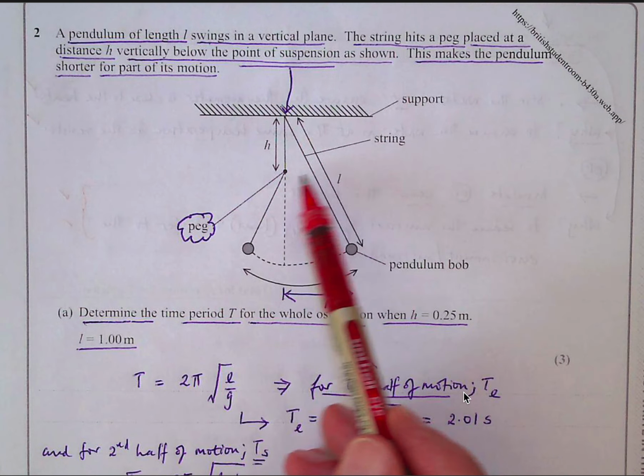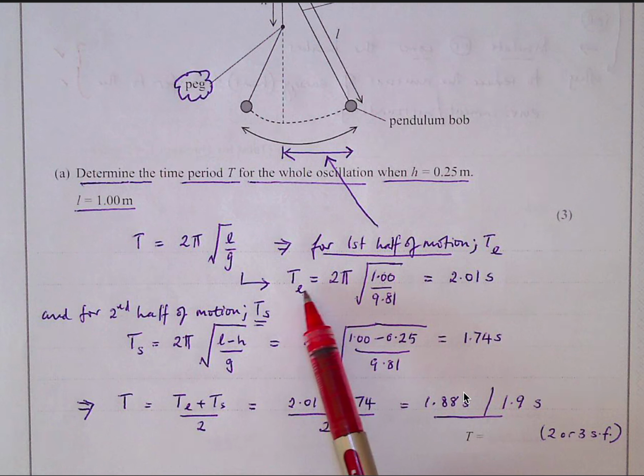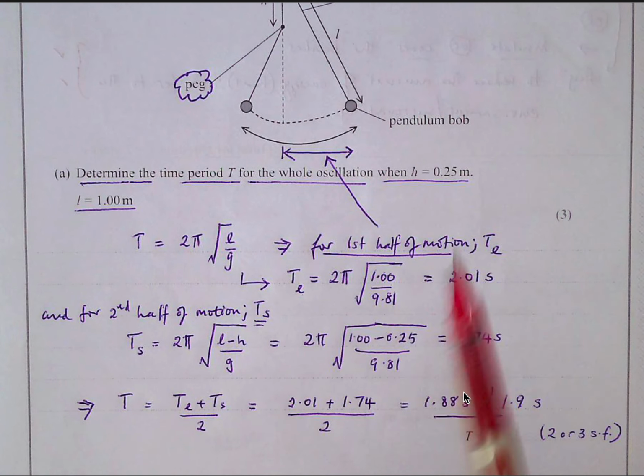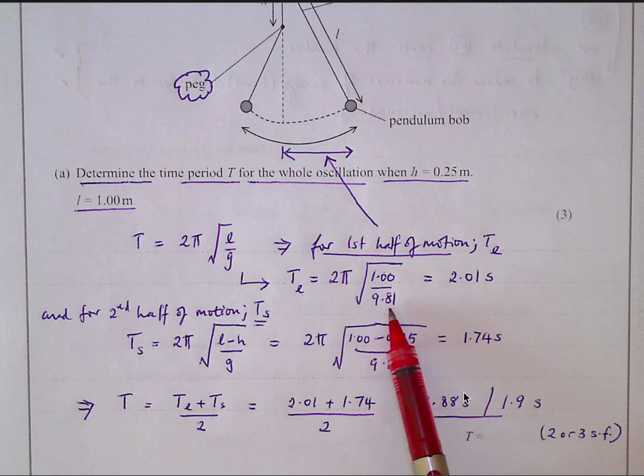For the first half of the motion from here to here before it hits the peg, when the whole length is used, I've called that the long period, T long, is 2 pi root 1.00 over 9.81 meters per second squared, which gives you a value of 2.01 seconds.